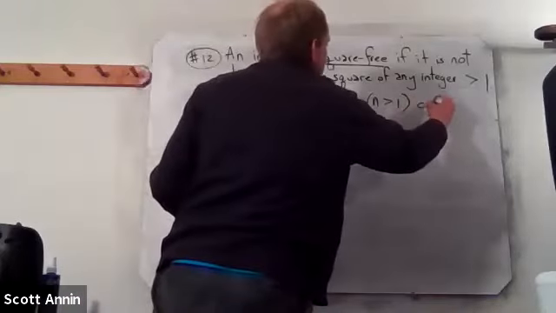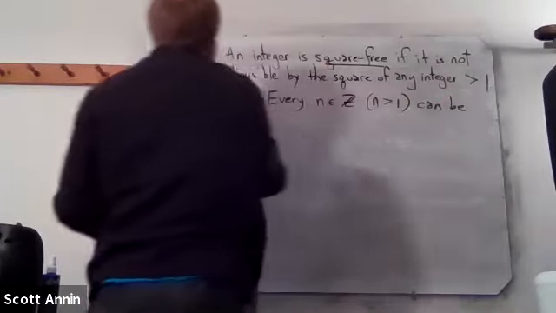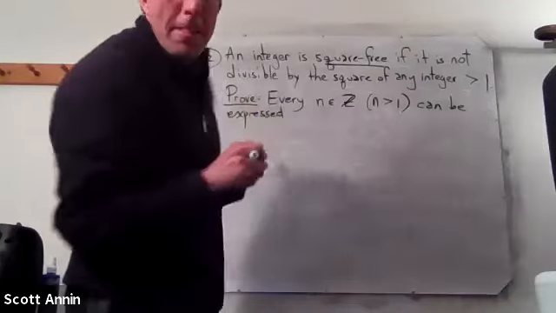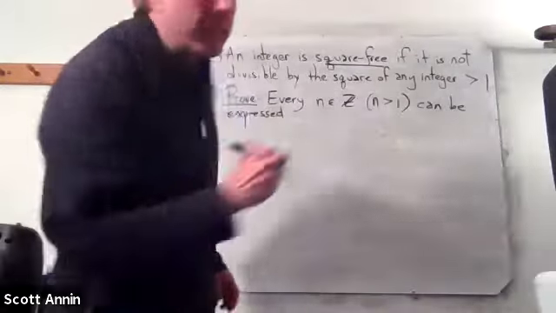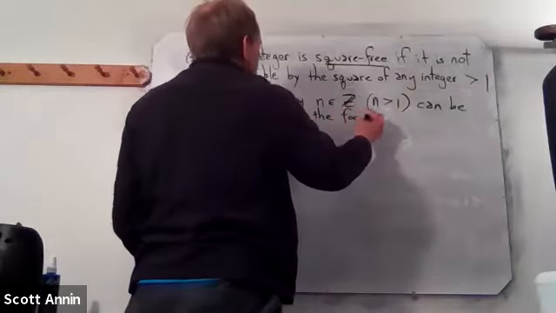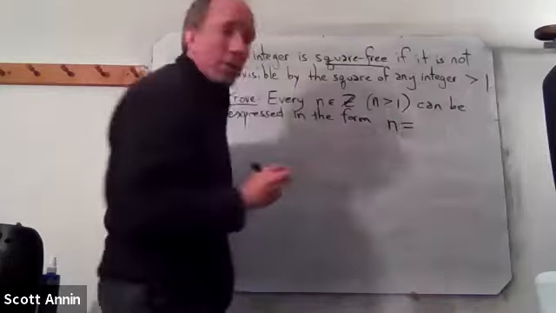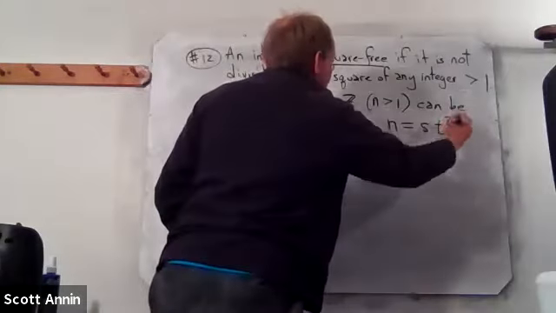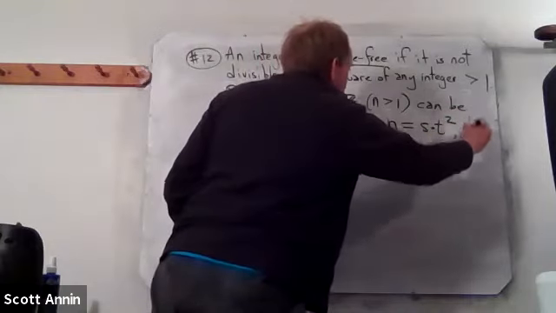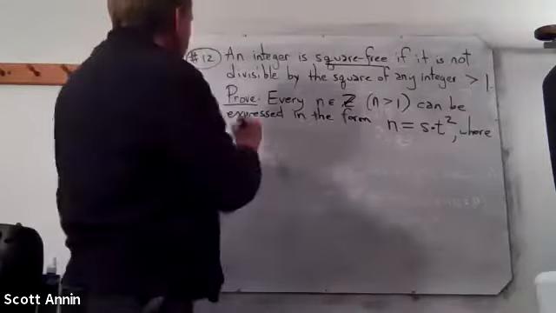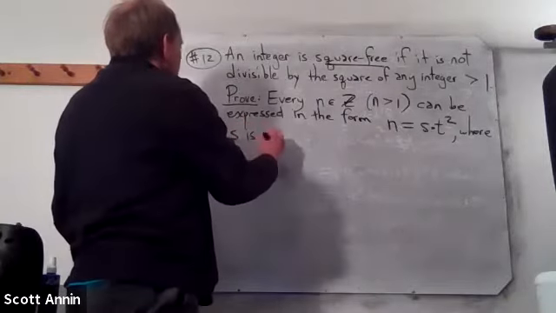Every integer n greater than 1 can be expressed in the form n equals s times t squared, where s is square free.